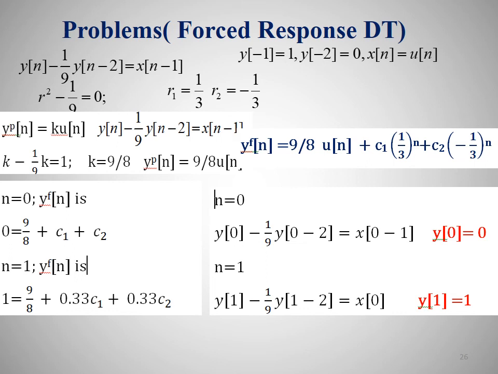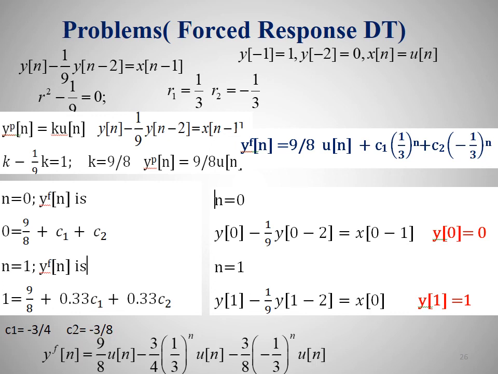Thus, let us try to solve the two simultaneous equations. Minus 9 by 8 is equal to c1 plus c2, and 1 minus 9 by 8 is equal to 0.33 c1 minus 0.33 c2. Thus, we get c1 is equal to minus 3 by 4 and c2 is equal to minus 3 by 8.